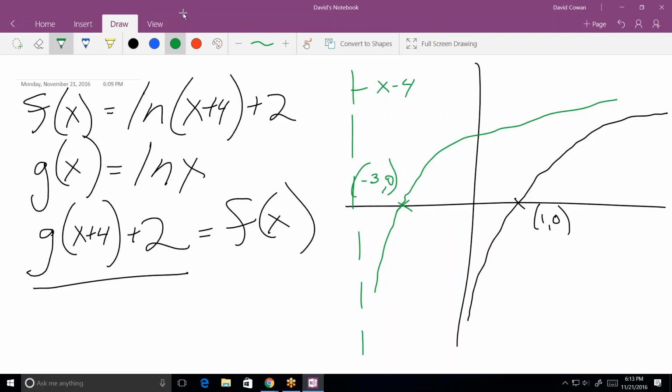Okay, and then in red, we're going to do the other thing, plus 2. So this green x becomes what? Negative 3, comma 2.